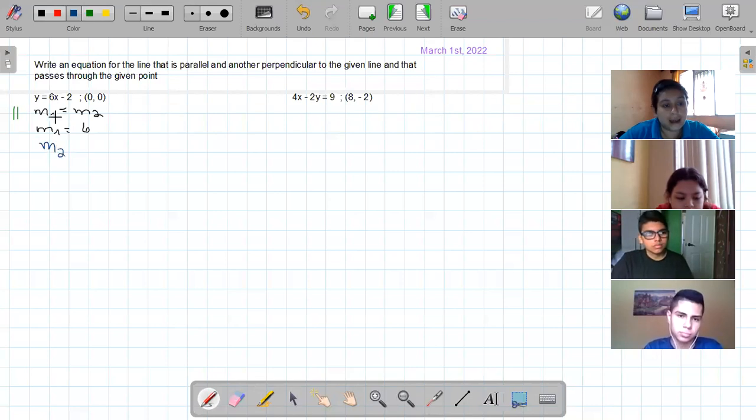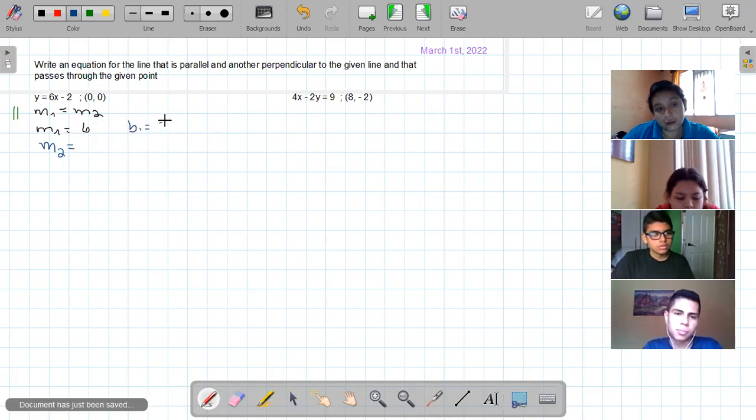Now I'm going to write the equation for M2. Now I need that M1 is equal to M2. Therefore, if M1 is 6, M2 is going to be... -2. What would be the slope of M2? -2 is the intercept. In this case, B1 is going to be -2. But I'm talking about the slope 2.